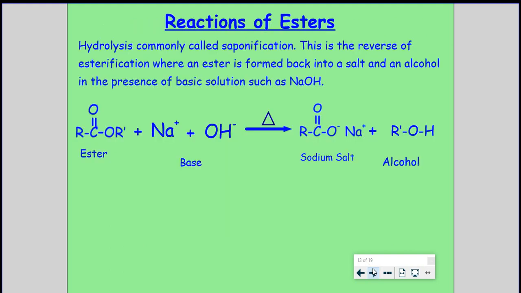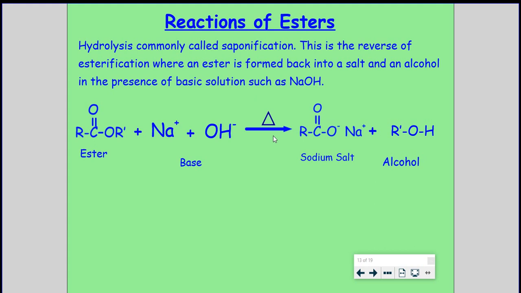Right. So esters undergo reactions themselves. Now here again is your general form of an ester, together with a strong base, separated into its ions, sodium and hydroxide, and quite a bit of heat for quite a while. We will hopefully have time to do this reaction. It's called a saponification reaction.